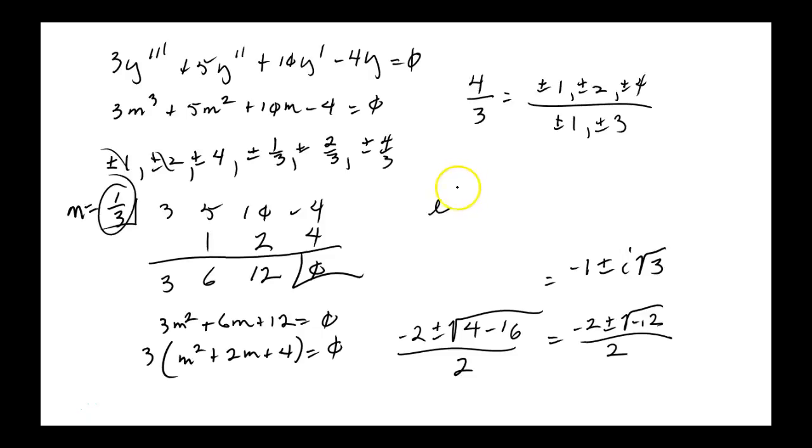e to the minus x times... Why are we putting the minus x up front? Okay, so the minus 1 is that, the real part. I'm going to call this C2, cosine root 3x plus C3 sine root 3x.